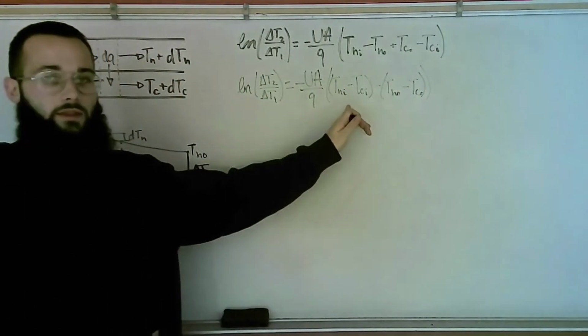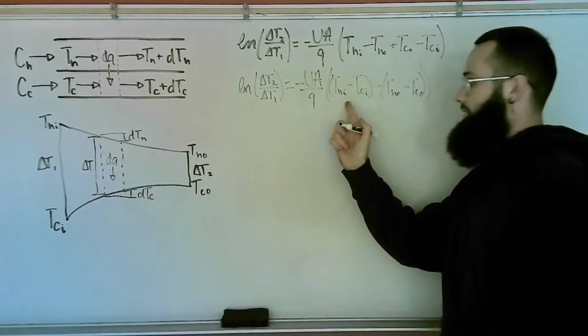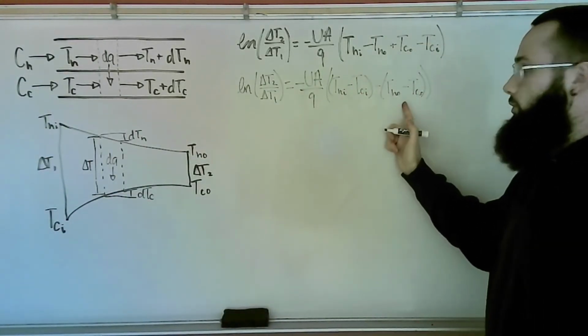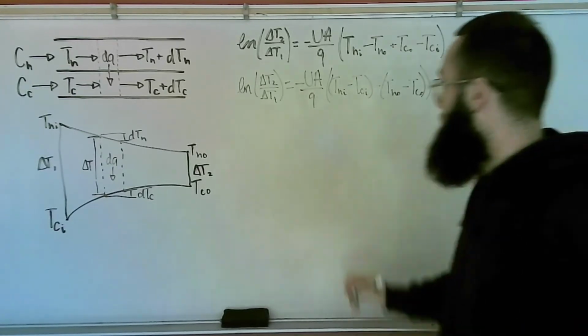And so what this does is it makes it able for us to sub in delta T1 and delta T2 for THI minus TCI and THO minus TCO respectively.